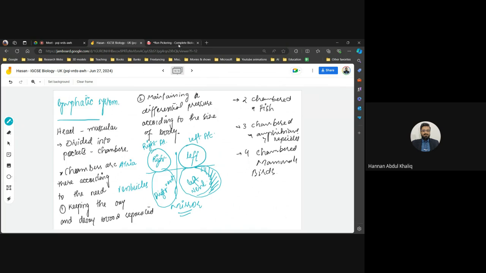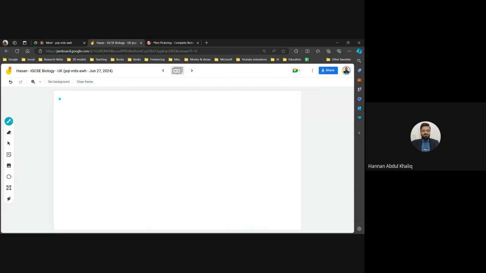Okay, so the principle is to pump the blood. And always remember, due to the heart, we call the movement of blood circulation.